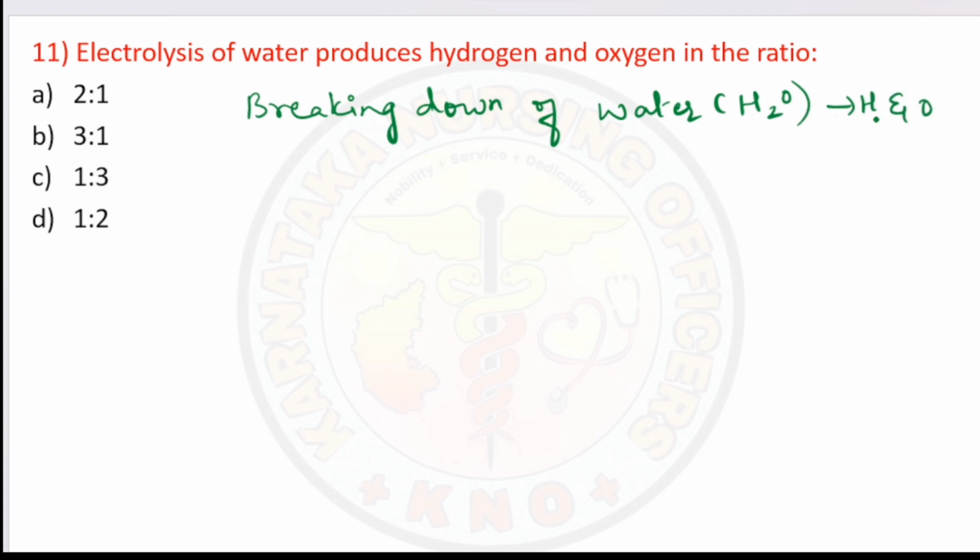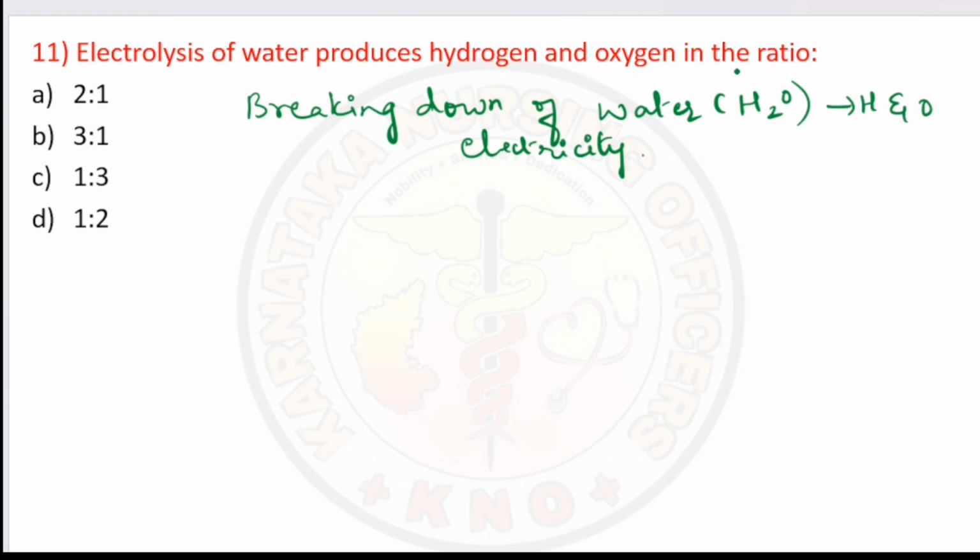By using what? Electrolysis, which is nothing but electricity. So using electricity, the water molecule breaks up into hydrogen and oxygen atoms. This process is called electrolysis of water.